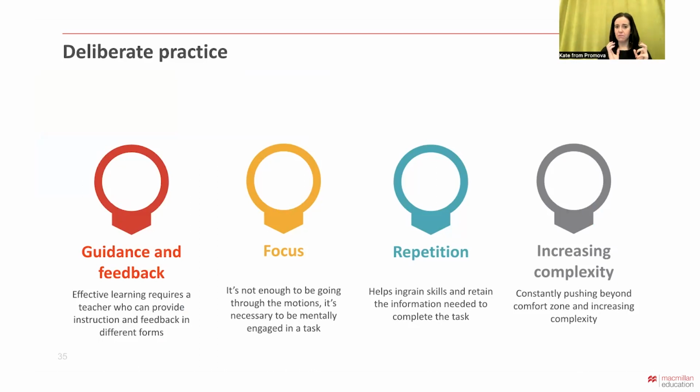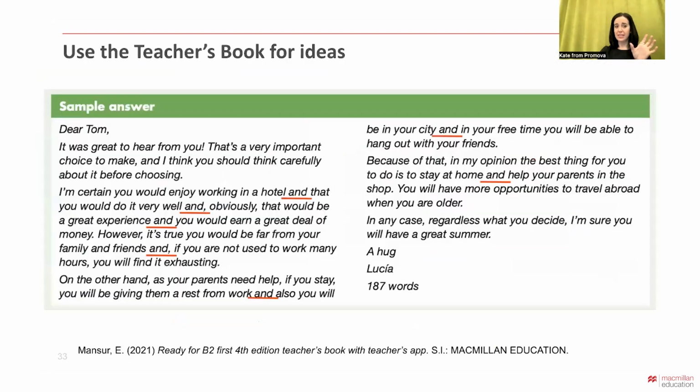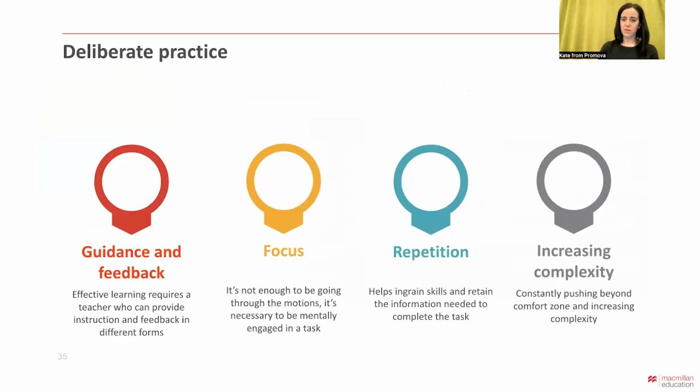Deliberate practice is focused. And this is why I chose the example I was showing you here, because it's quite focused. There aren't too many areas that need improvement. There are only a few, which helps us really focus on those several areas.